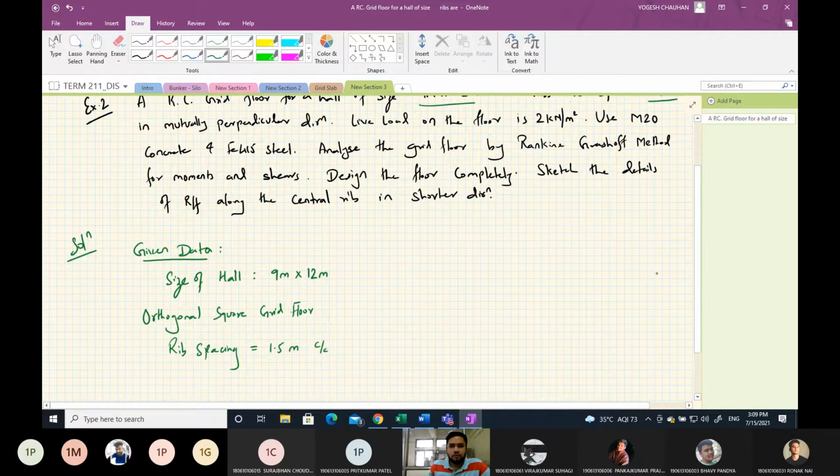The live load is 2 kN per square meter, made of concrete M20 and Fe415 steel.